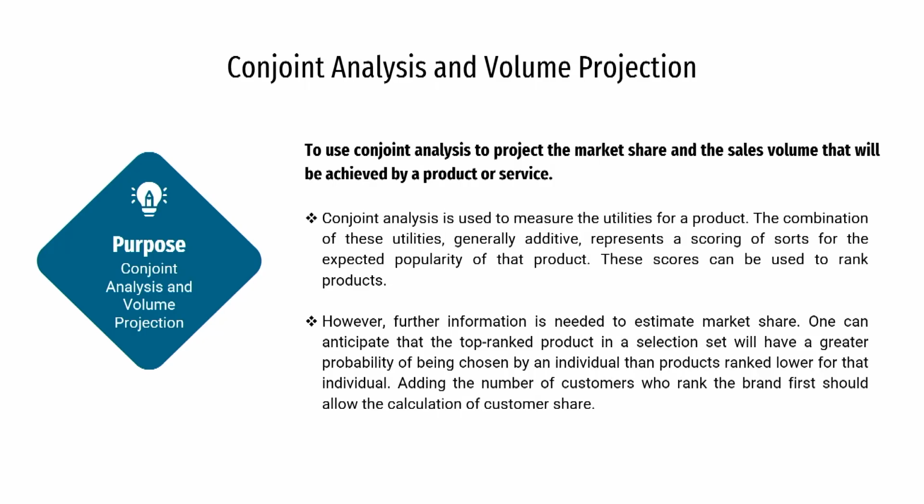The combination of these utilities, generally additive, represents the scoring of sorts for the expected popularity of the product. The scores can be used to rank the products. However, further information is needed to estimate the market share. One can anticipate that top ranked products in a selection set will have a greater probability of being chosen by an individual than products ranked lower for that individual.